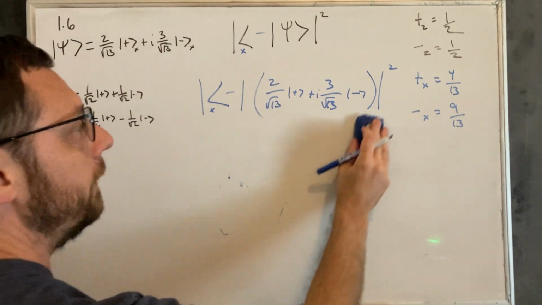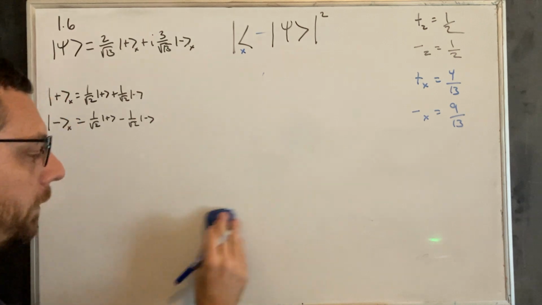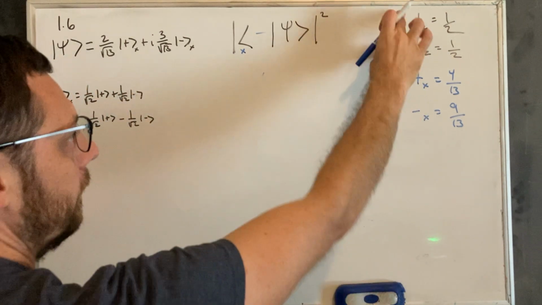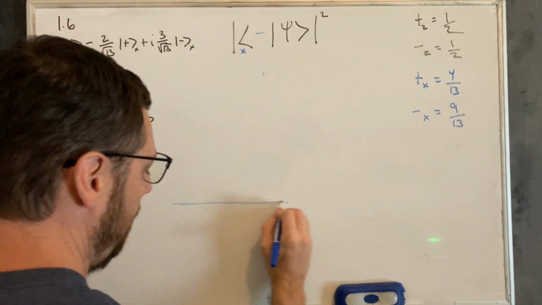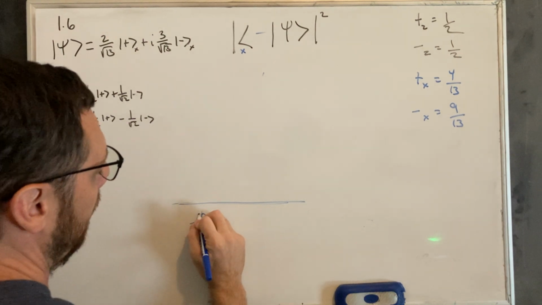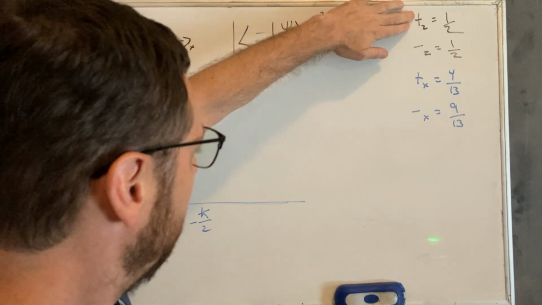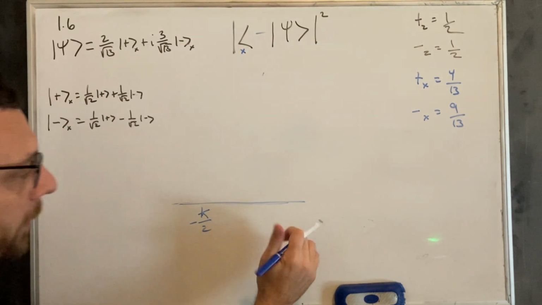One thing I didn't do in the last video, it also said to draw a histogram with these results, and I didn't do that. I'll do it for this one. So this first one here, if we draw a chart here, it's going to be negative h bar over 2. Because when I say up or plus, that really means a measurement of positive h bar over 2.